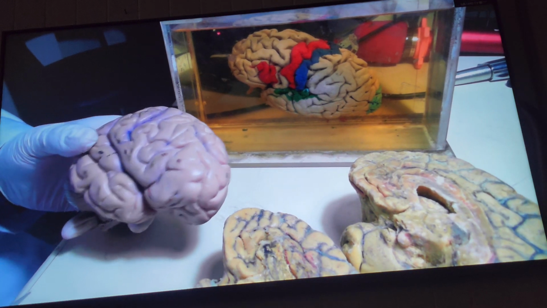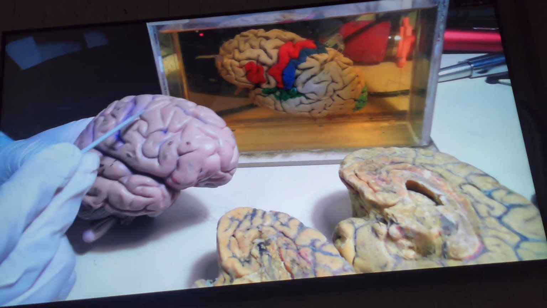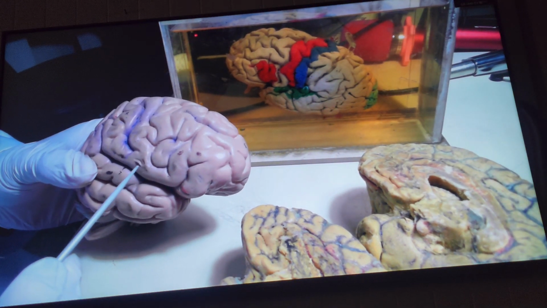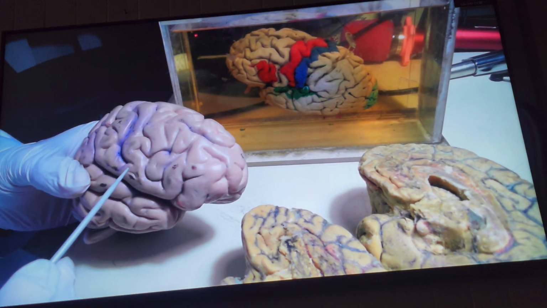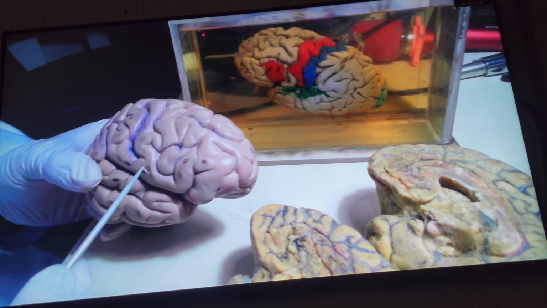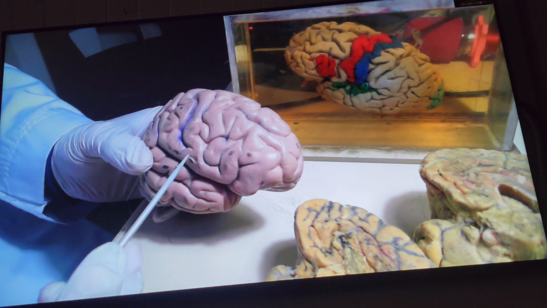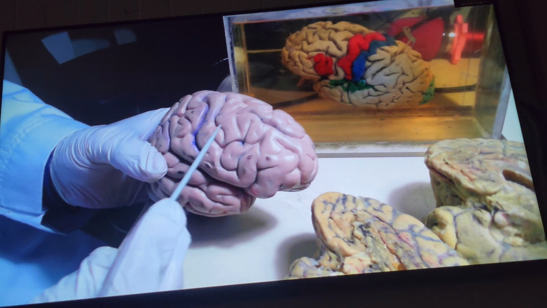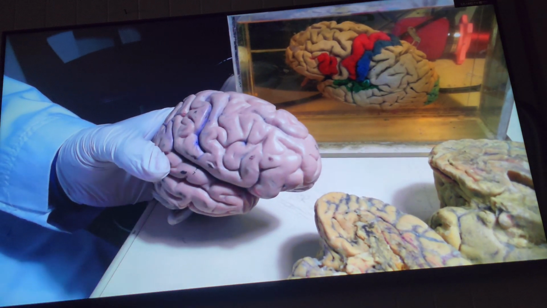Stimulation of the frontal eye field causes deviation of the eye to the opposite side of the body, while destruction of this region may result in a conjugate deviation of the eye toward the side of the lesion.